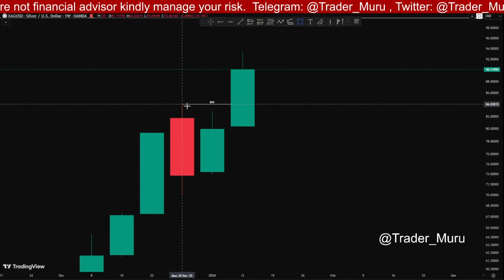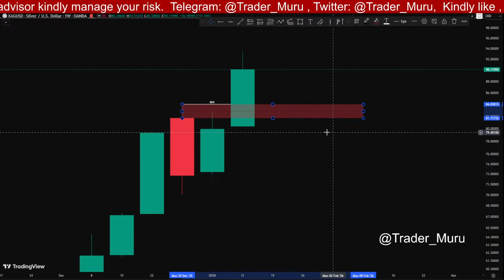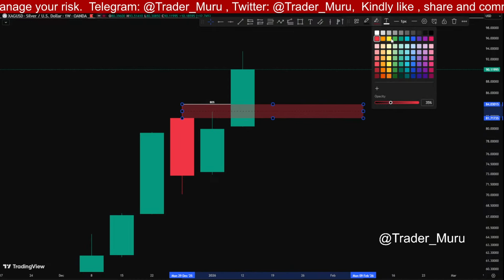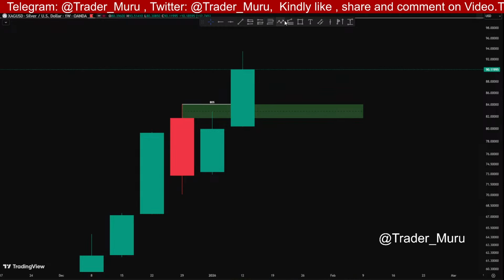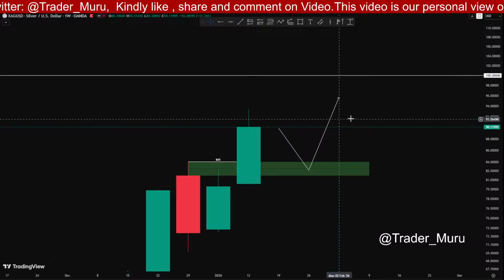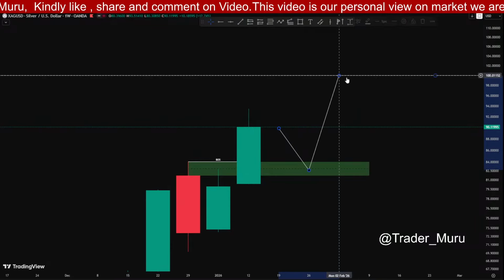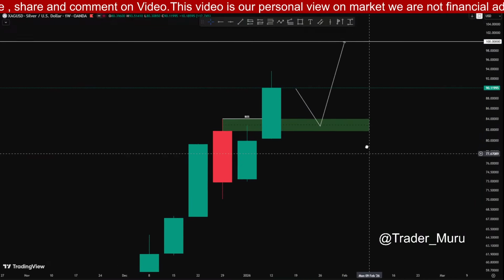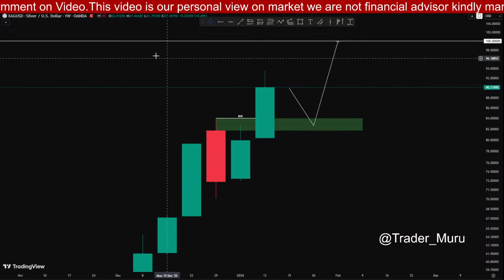So this zone is our buying interest now. We will be watching for a test of this zone and a pump towards 95 to 100 as our next target.